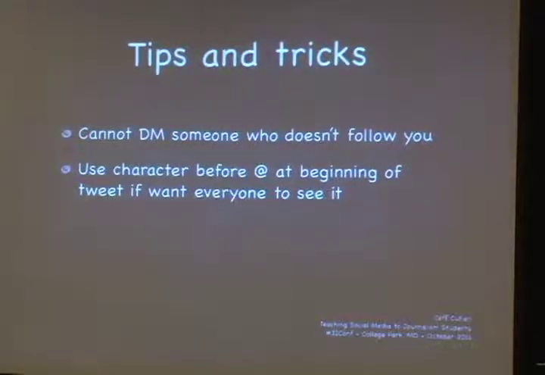If I sent out a note at Jeff Jarvis, saw you in the bar last night, sorry I went to bed before the game ended, and I don't put the character before the at, the only people who will see that tweet are people who follow both Jeff and me. That's it. It doesn't exist to anyone else, unless they're on the Twitter app on their laptop and following Jarvis's stream or my stream. Otherwise, you're not going to see that.